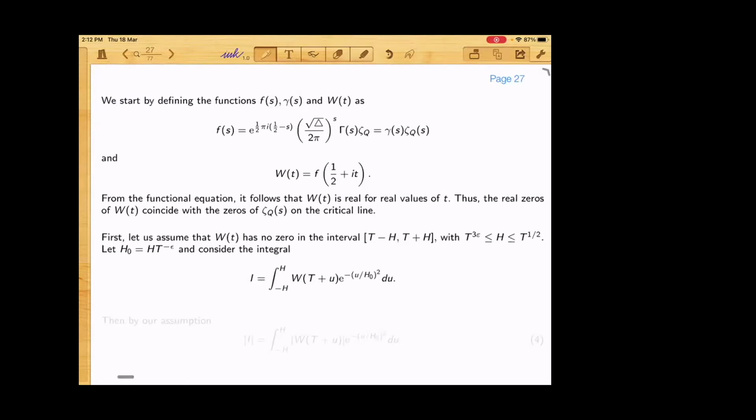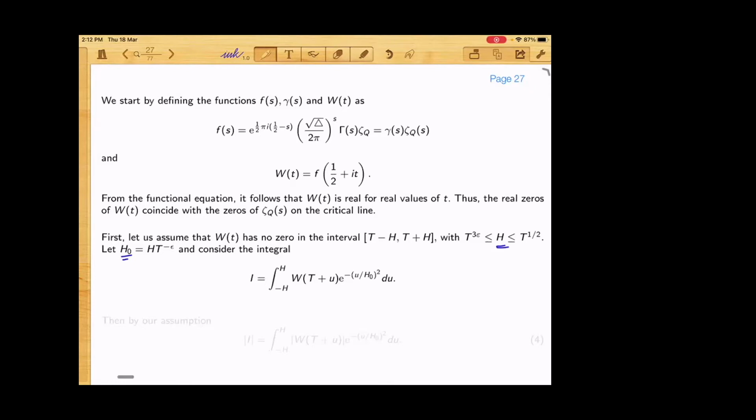So assume that W(t) has no zeros in the interval t minus h to t plus h. With h, we will find what is h. This is the gap that we want to find. Take a smaller number, h naught, slightly smaller than h, and consider the integral I. This is on the half line.